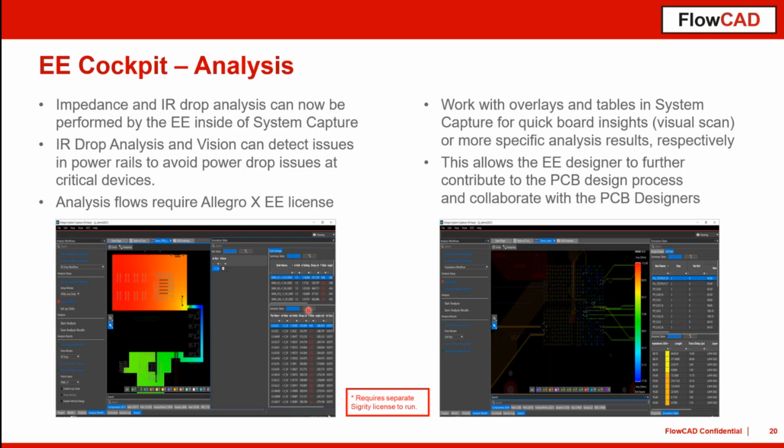I will not go into too much detail because my colleague Dirk Lindenbrücker has been holding Aurora webinars or even workshops. If you want to know more about the Aurora analysis, then you can join one of these webinars or even join a workshop with him. And then you can see all these capabilities. From the use model, it's exactly the same. It doesn't matter whether you run this from Allegro PCB Editor or from System Capture, or inside System Capture, I must say.